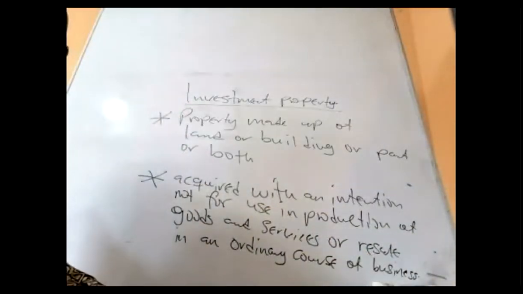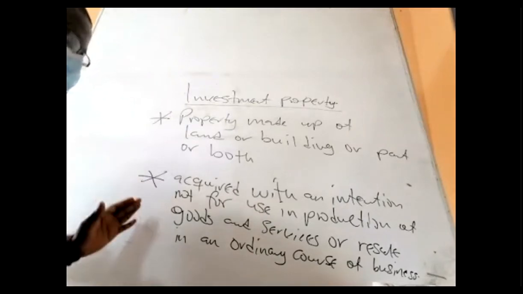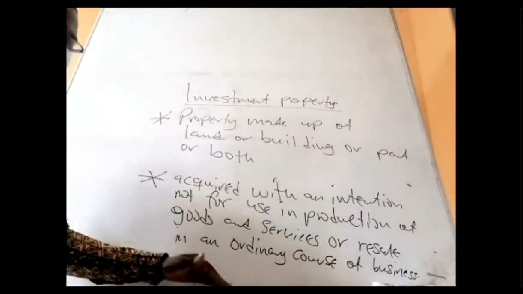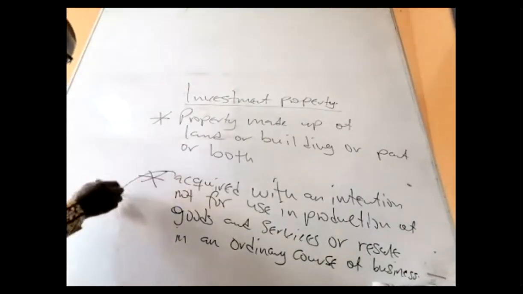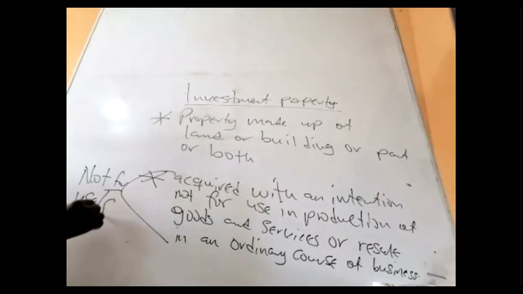That's the second feature. The second feature says this: acquired with an intention not for use in production of goods and services, or resale in an ordinary course of business. In summary, you acquired it not for use or for sale.